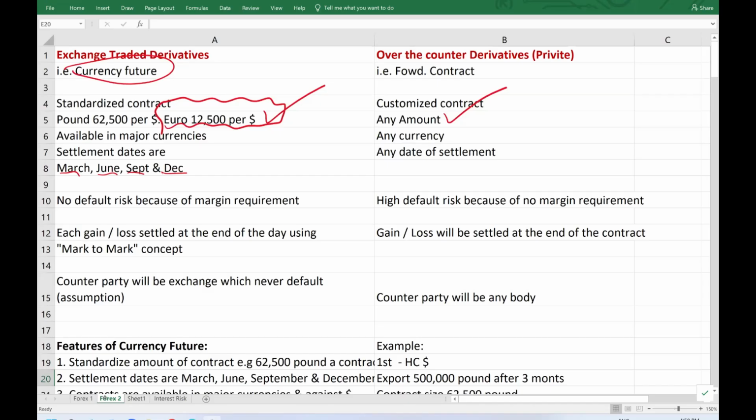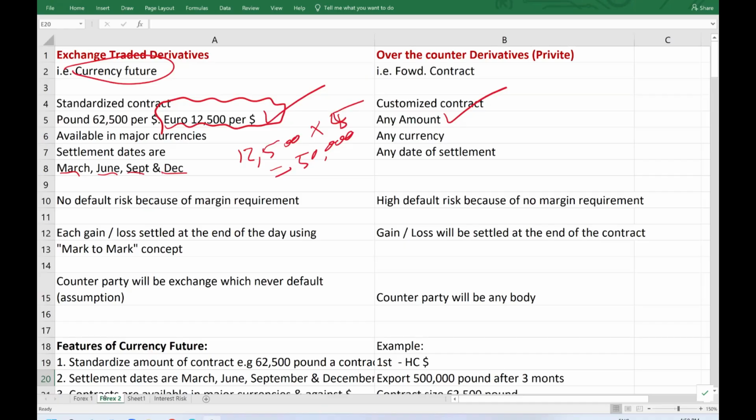So sometimes it's not possible for you to hedge the perfect amount. Let's say you are going to receive 60,000 euros. 12,500, I think, times 4, so you can buy a maximum of 50,000, or 5 contracts, which is more than 62,000.